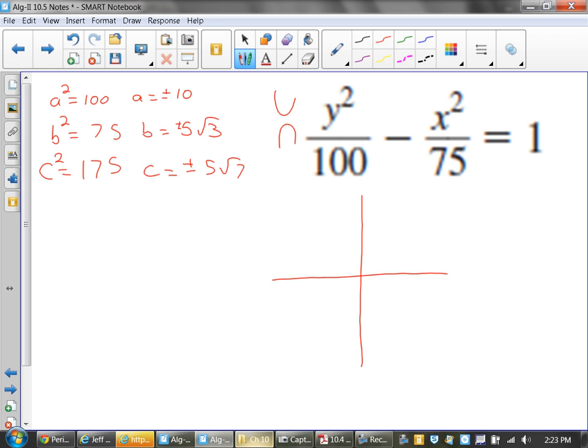Again, go to your grid. You know it's opening up and down. Your a values should be at your vertex. So you go up 10, down 10 on the y-axis. Square root of 75, 5 root 3.